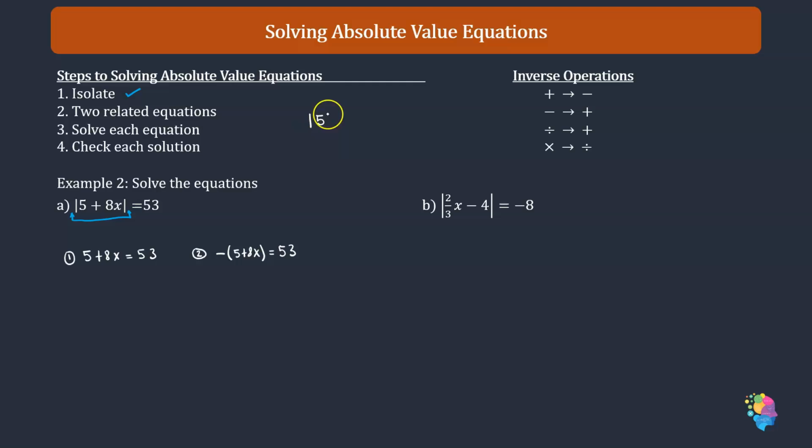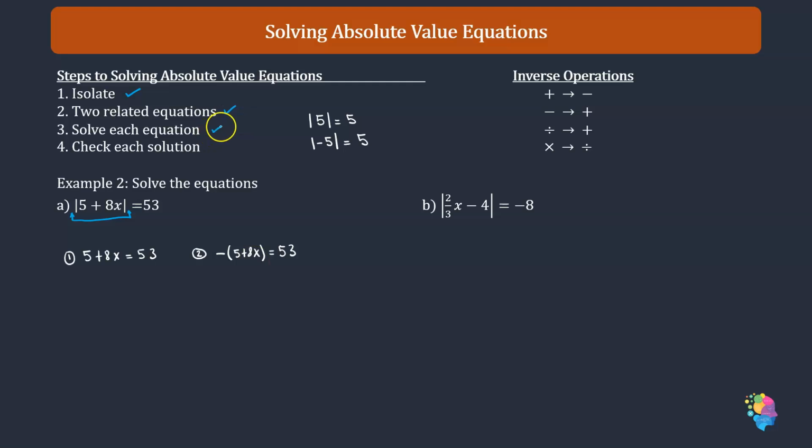The absolute value of 5 is going to equal 5, but the absolute value of negative 5, if we make that value inside the absolute value negative, is also 5. So we have two different equations that will give us the same result, the positive and the negative. So we take the expression as is first, and then we take the opposite of that to give us the two solutions. Step 2 is complete.